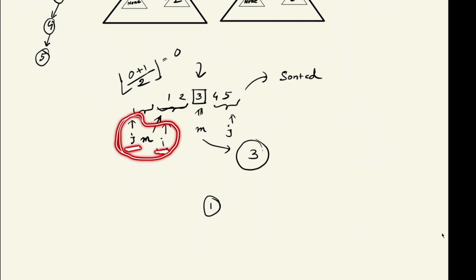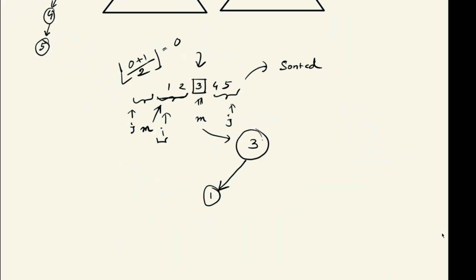If this condition occurs, we can simply return, because this is just our base case. Okay, so we return this and create a connection with 3. Basically we are not creating this connection here, we are simply returning none from there and creating a connection.